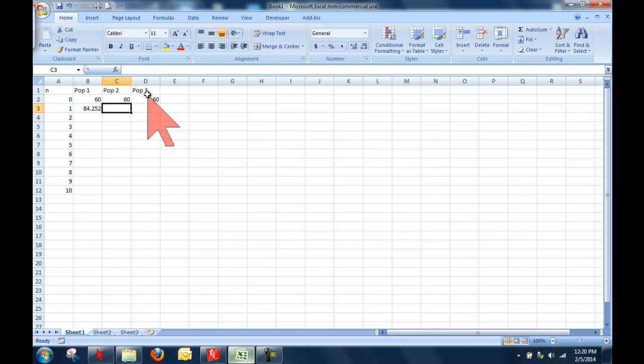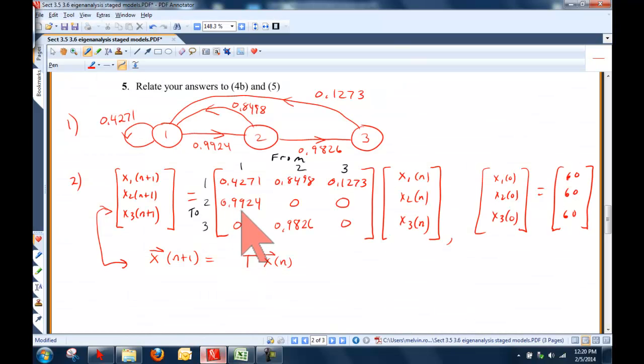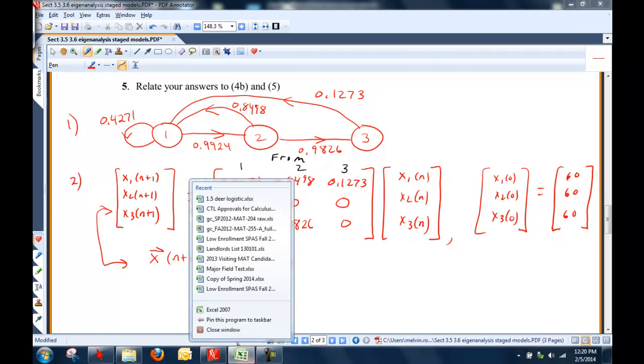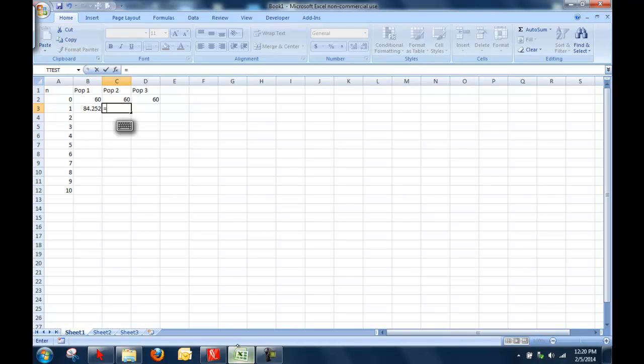And similarly, formulas for stage 2 as a function of the previous stage. This one's easier. It's just 0.9924 times x1. And the third one, I get the 0.9826 times previous year's population in stage 2.